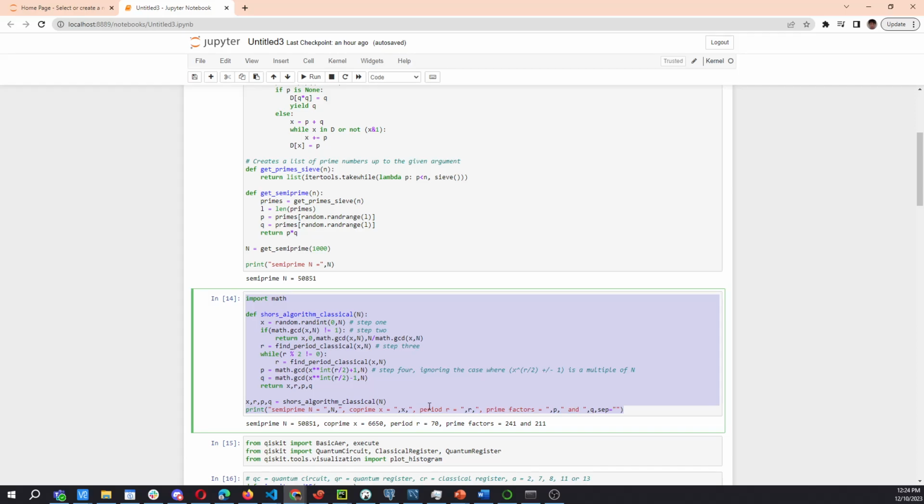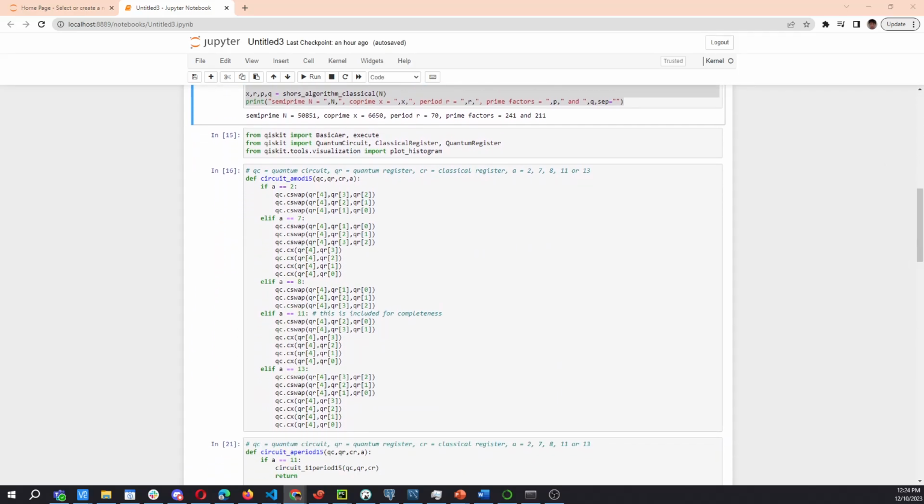So we put our numbers into Shor's algorithm, and you can see that the semi-prime number can be factored into prime factors like 241 and 211.